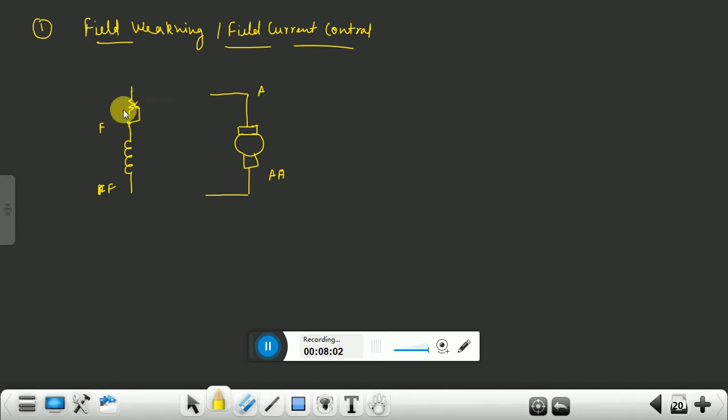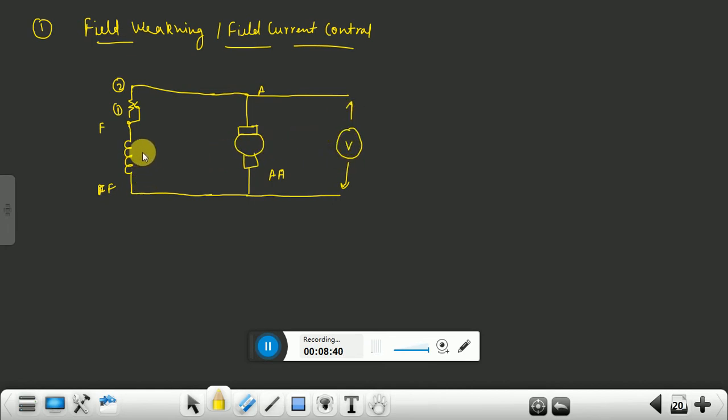So suppose this is one terminal of the rheostat and this is the second terminal of the rheostat. The second terminal of the rheostat is connected with armature terminal A, and double F is connected with double A. Okay, and this machine is connected with the supply voltage V. This is a motor, so it is connected with the V supply.